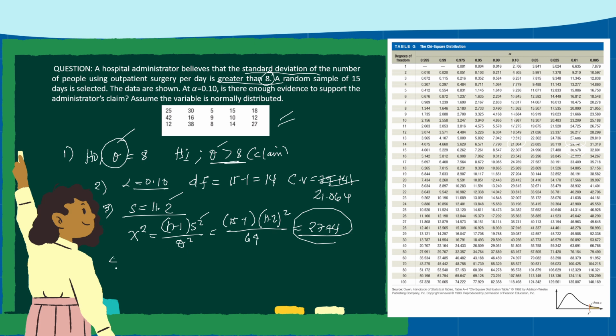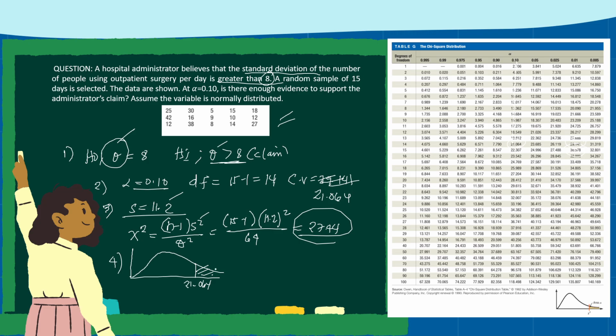Then step number 4, we have to make a decision. Using the graph, we could easily make a decision. Our critical value is 21.064. This is a right-tailed test.